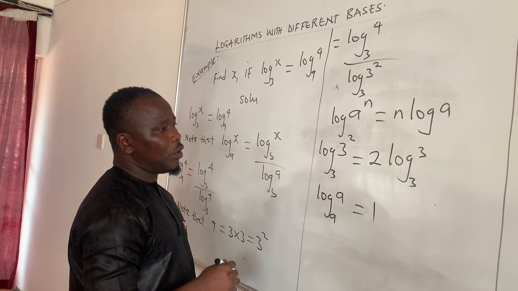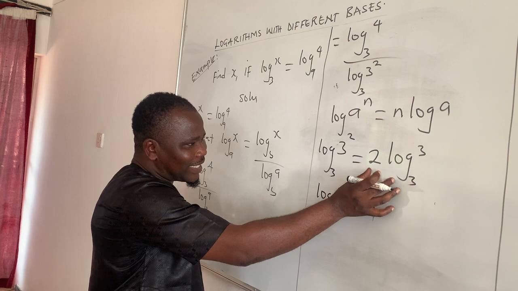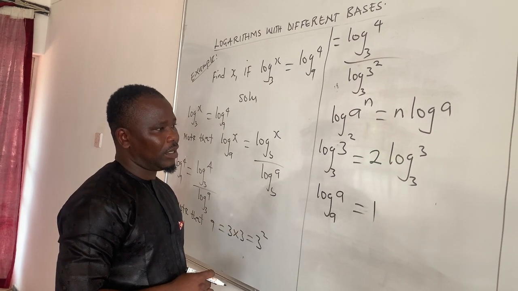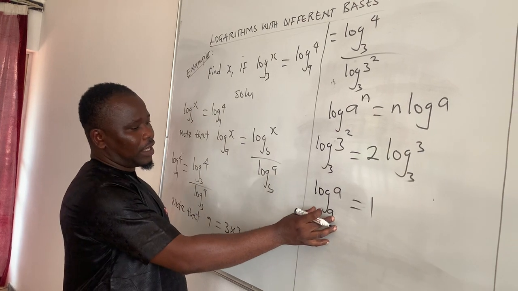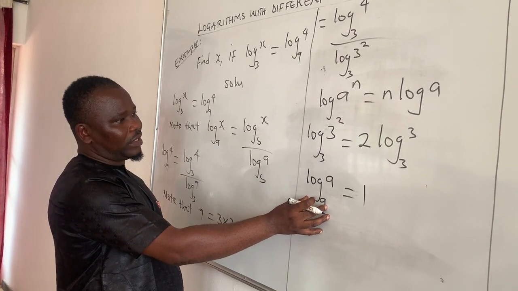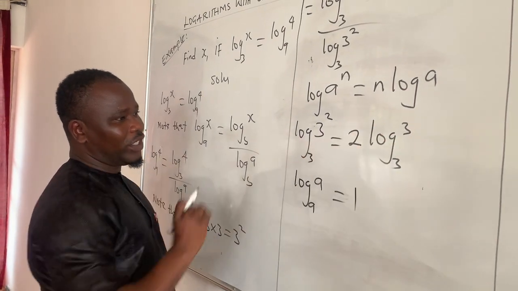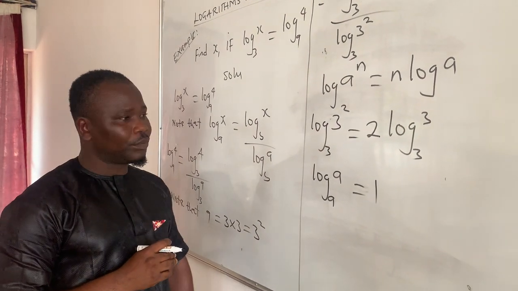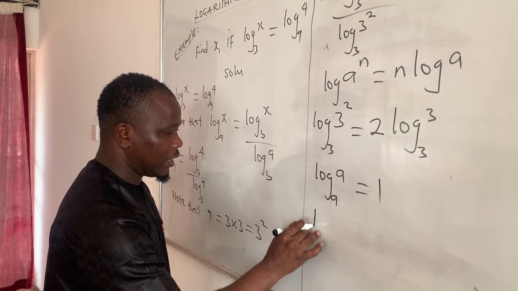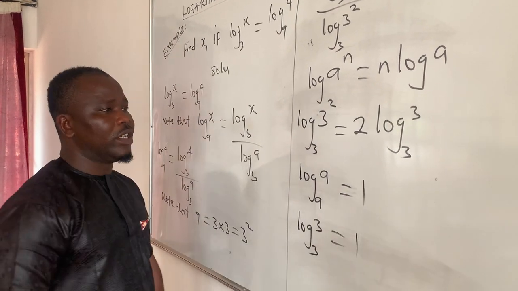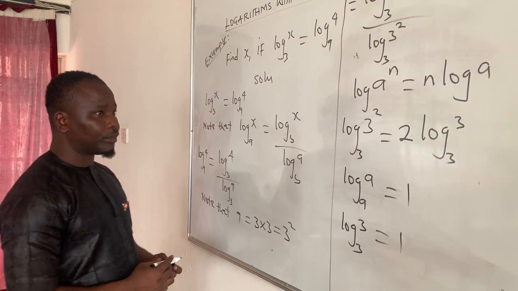Now let us look at 2 log 3 base 3. Compare it to this. You discover that they are almost the same thing, true or false? So log 3 base 3 will always give us 1.